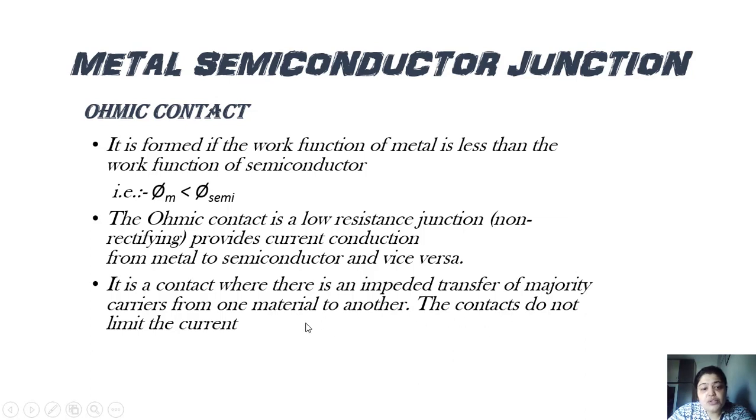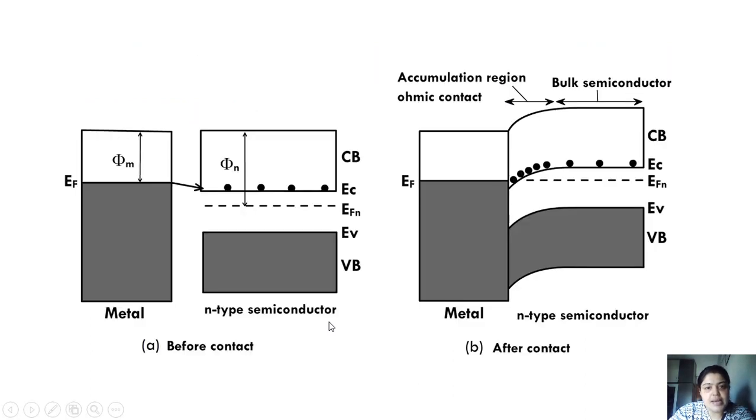The contacts do not limit the current. Getting it? In the Schottky junction, we saw that only in certain biasing conditions current is allowed. Whereas in ohmic contact, irrespective of the biasing conditions, there will always be a flow of majority carriers from one material to the other. Let us see what exactly it means.